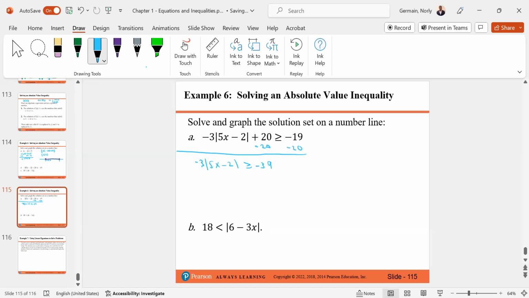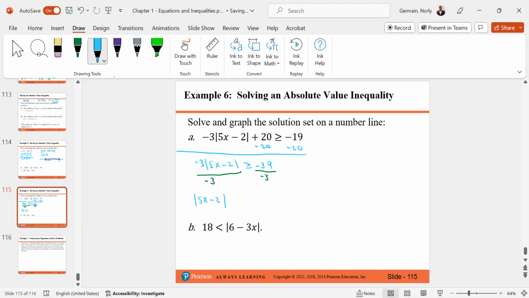Now we divide both sides by negative 3. I'm going to do it with a different color so you can see how we solve, because we don't have a rule when there is a coefficient in front of the absolute value, so we need to get rid of it this way. So it gives us absolute value of 5x minus 2.